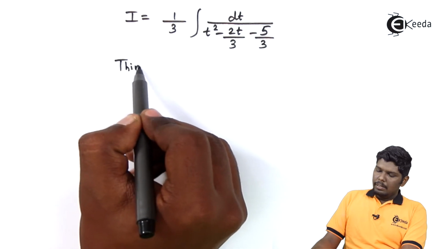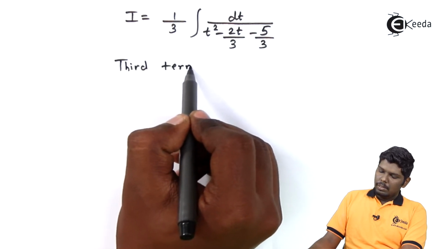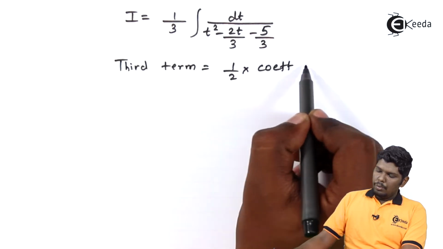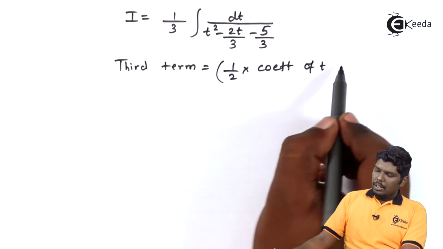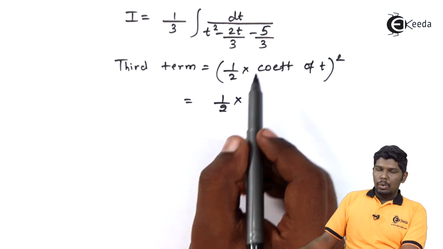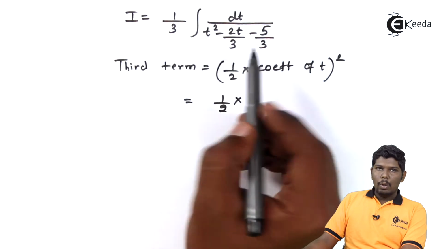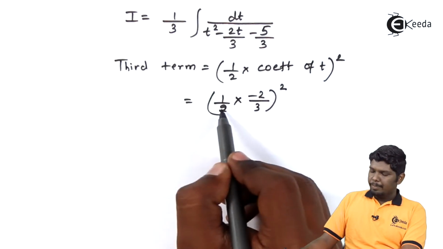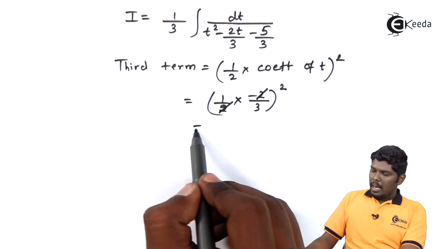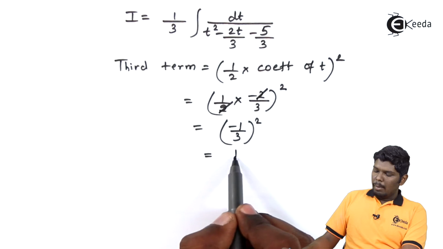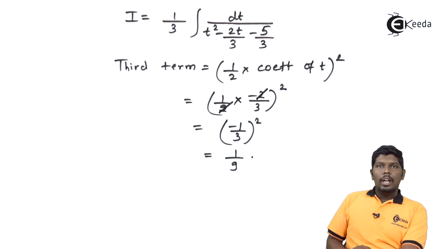The term is given by half into coefficient of t the whole square. Here we have half into coefficient of t, which is minus 2 upon 3, the whole square. 2 will be cancelled and we have minus 1 upon 3 left, whose square is 1 upon 9. Now let us add and subtract this third term in the denominator.